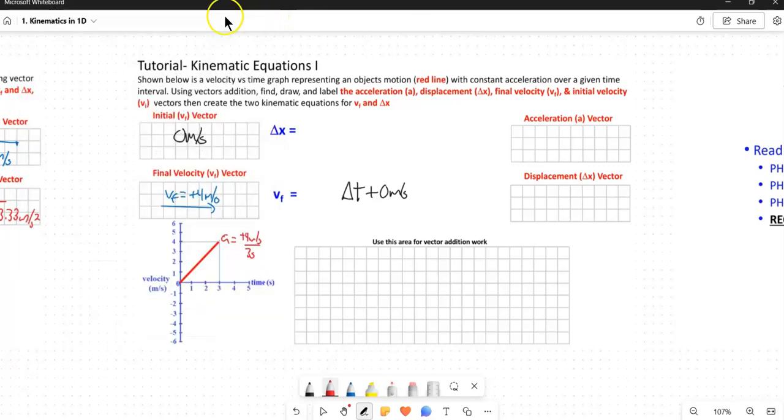Okay, so that acceleration is going to be positive 1.33 meters per second squared. And then we could just pop this up into the equations, right?